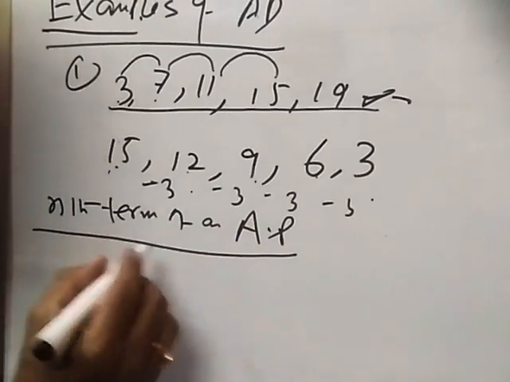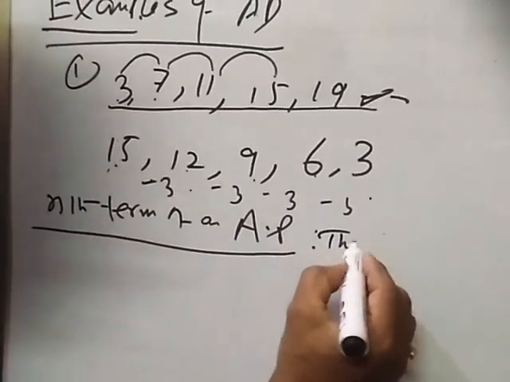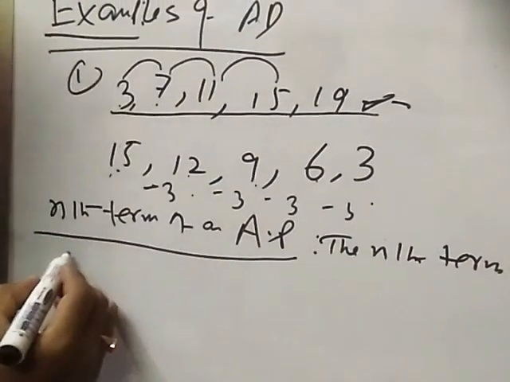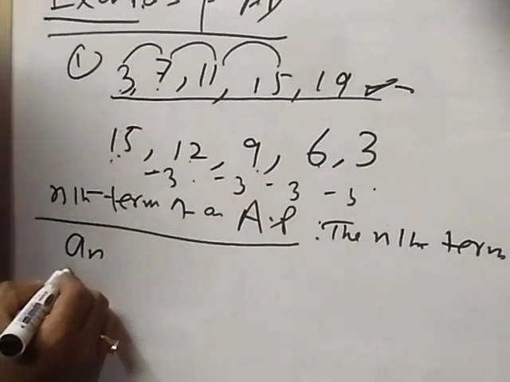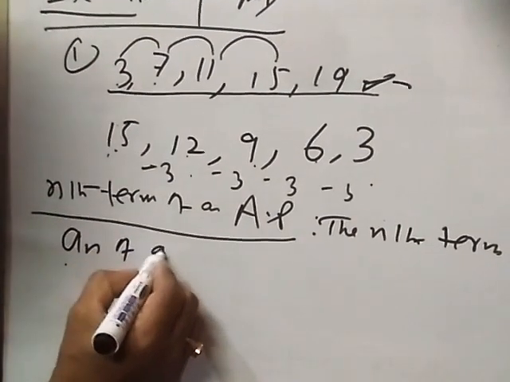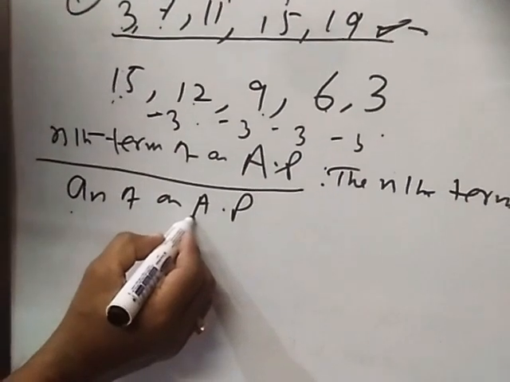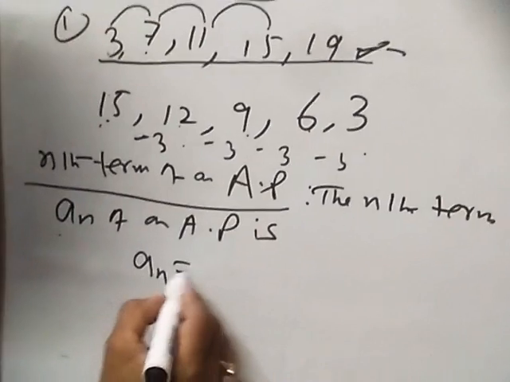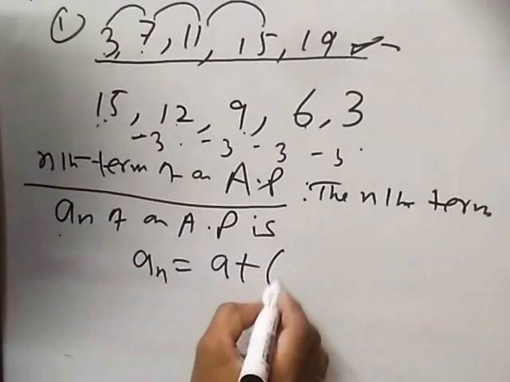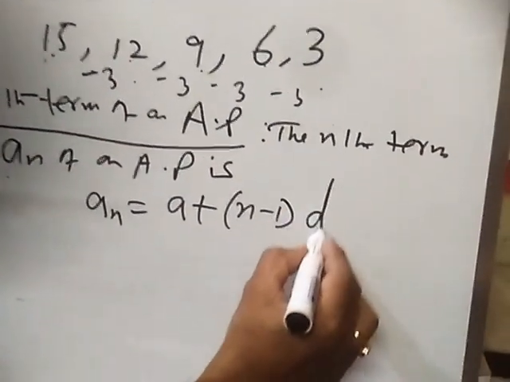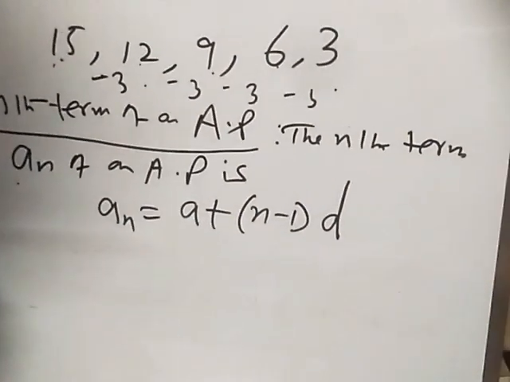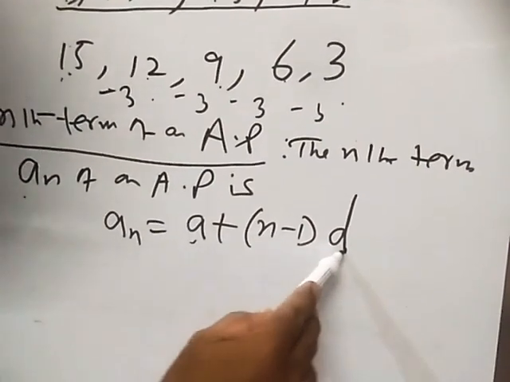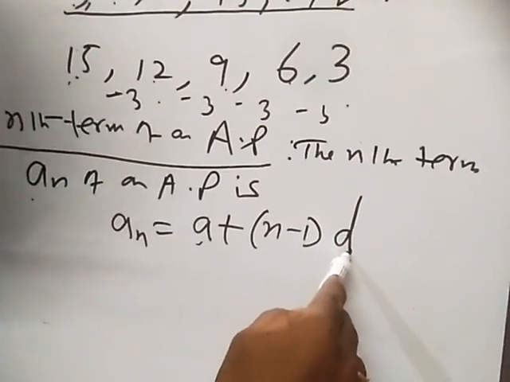You write down: an equals a plus n minus 1 into d, where a is the first term and d is called the common difference.